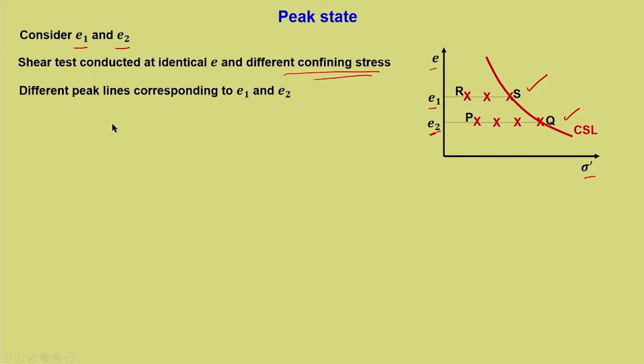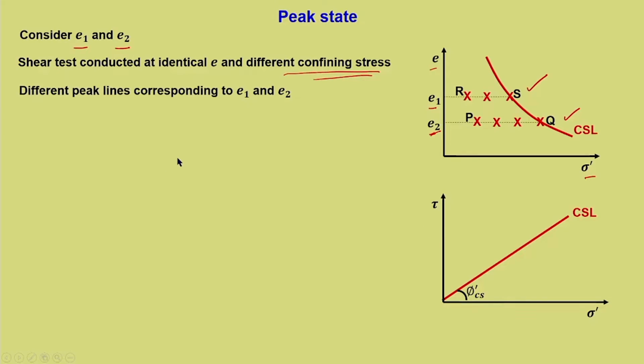Now, different peak lines corresponding to e1 and e2. I hope you remember, or rather you can refer back to module 2, wherein we have discussed this particular aspect, where for a peak you can have 3 different points and there will be a peak line, and this peak line, when it is fitted using Coulomb's equation, will give the cohesion and peak friction angle.